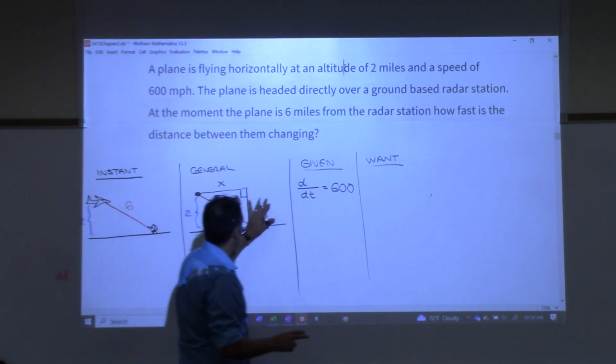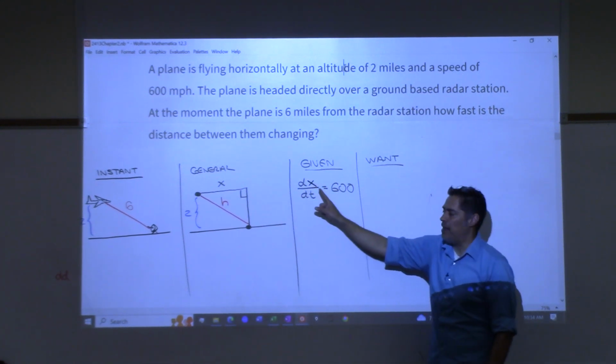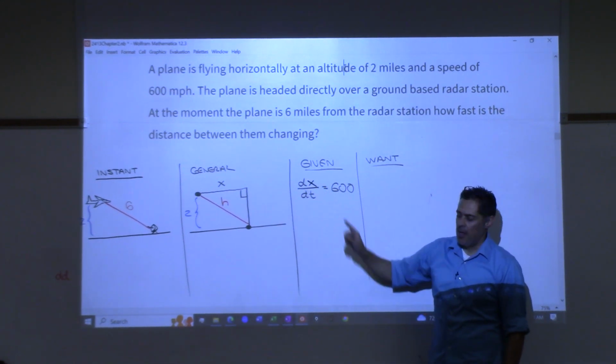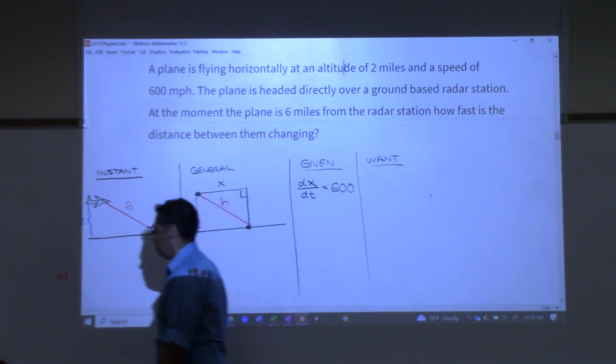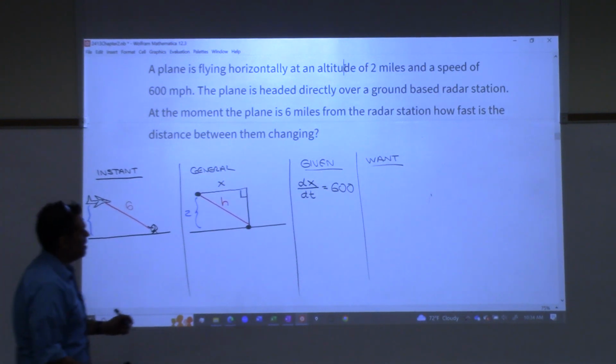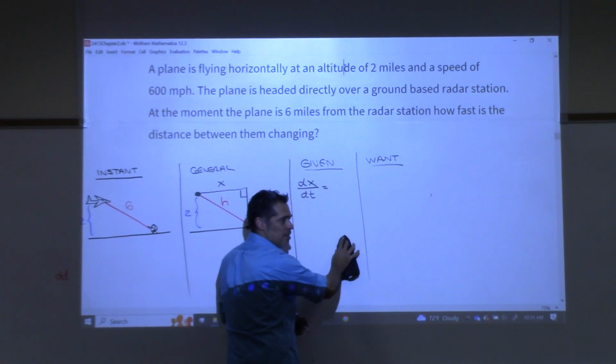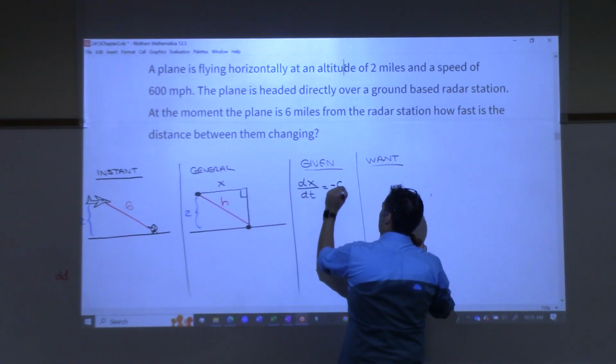So I'm going to come back over here and I'm going to put dx/dt. See, now I have a variable that's representing this rate of change. And there's one more thing I need to adjust. Because x is not growing, right? X is shrinking. So because it's shrinking, I need to change this not to 600, but to negative 600. Because it's a negative rate of change, right?